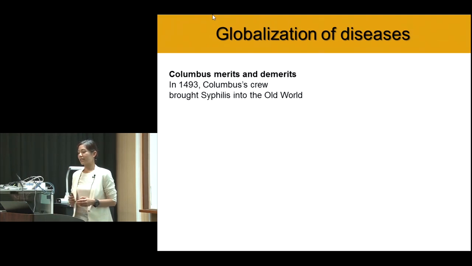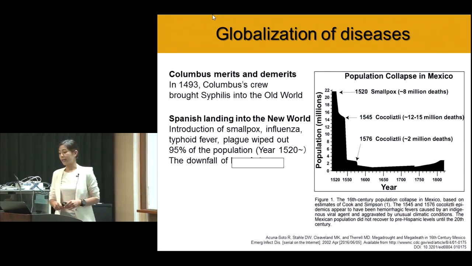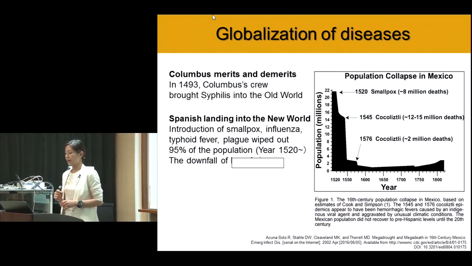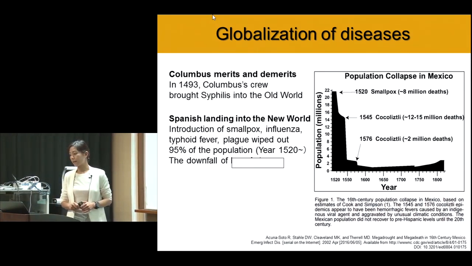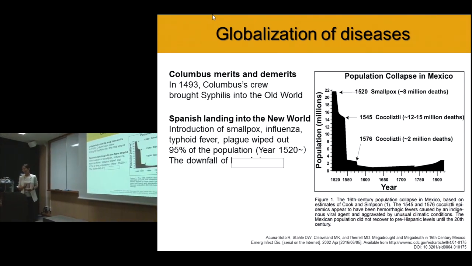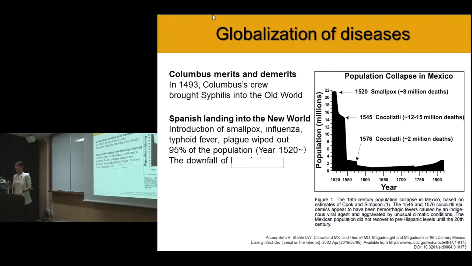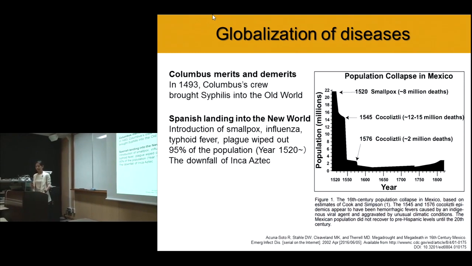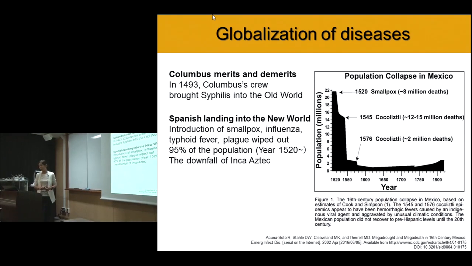Also, another example is the landing of the Spanish into the New World, present-day Central and South America, that introduced diseases such as smallpox, flu, typhoid fever, plague, and so on. That is believed to have wiped out 95% of the indigenous population, which led to the downfall of the Inca and Aztec, for example.